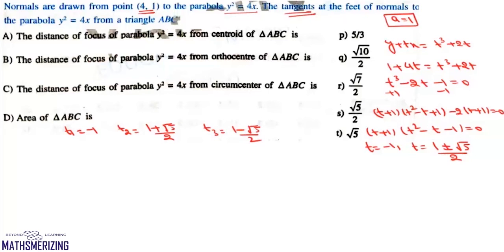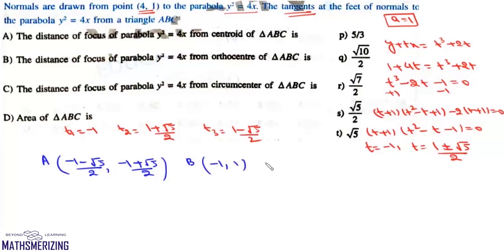So suppose A is the point with t1 t2, which is (minus 1 minus root 5) by 2, and then t1 plus t2. So we'll add them, and we get (minus 1 plus under root 5) by 2. Now B will be t2 t3, which is (1 minus 5) upon 4, that is minus 1, and then t2 plus t3.